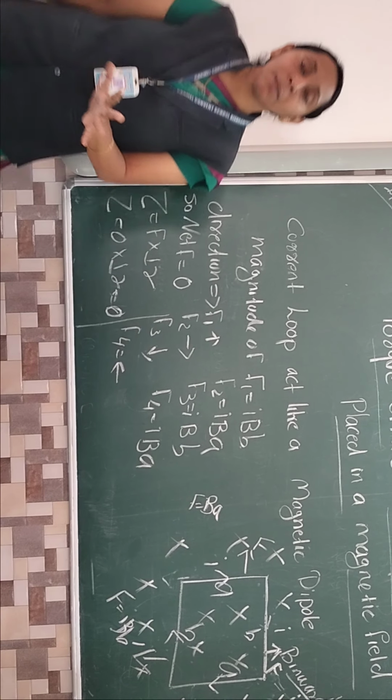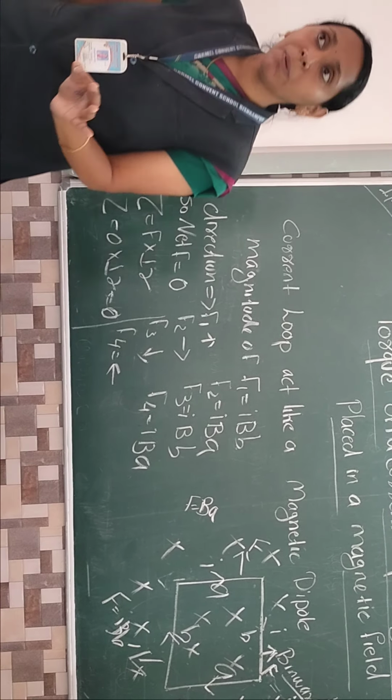What is the meaning? A rectangular loop carrying current behaves like a magnet. That magnetic field direction is inward. And how to find out the direction? Using the right hand rule. We have to find out the direction of B. We are using the right hand rule. Current direction is fingers.